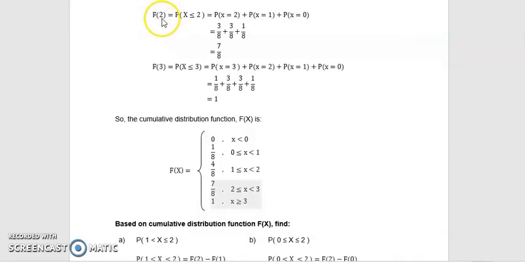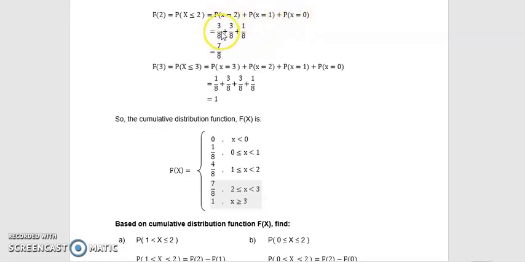Cumulative at F(2) must be the probability of x less than or equal to 2. So what is x less than or equal to 2? It is at x equal to 2, x equal to 1 and x equal to 0. So what is the cumulative? Cumulative means you total up from 0 until 2, okay.